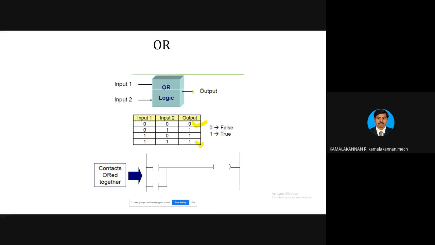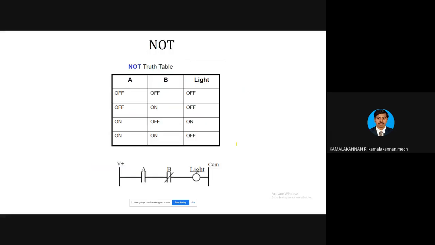This is the logical operation of the OR gate, and this is the truth table of the OR gate. This OR gate can be indicated in ladder logic with this symbol. See, this is A, and this is B, and this is the output. So when you get a signal at either A or B, you will have some output.